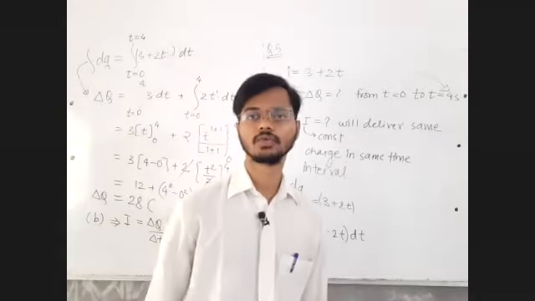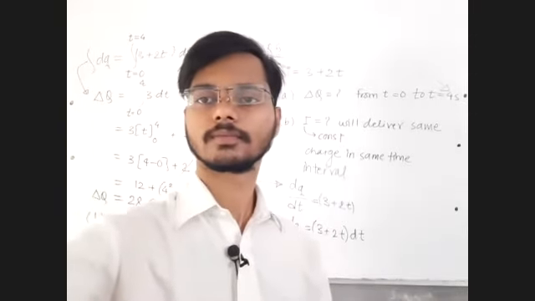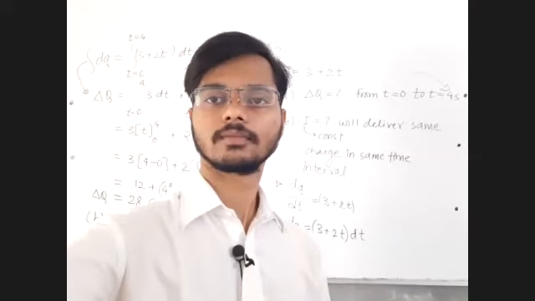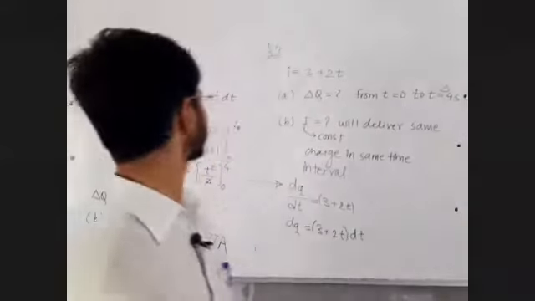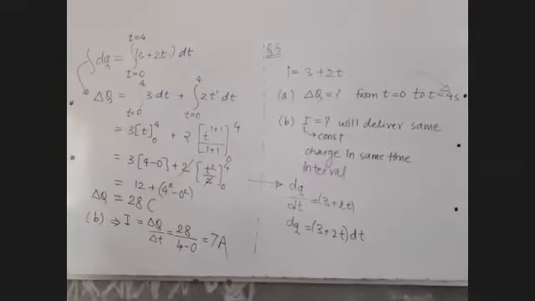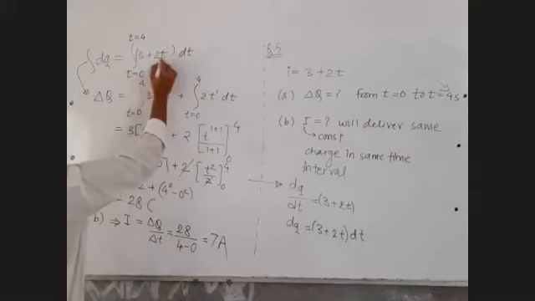So why did we take 2 into t raised to 1? This is 2t, right?